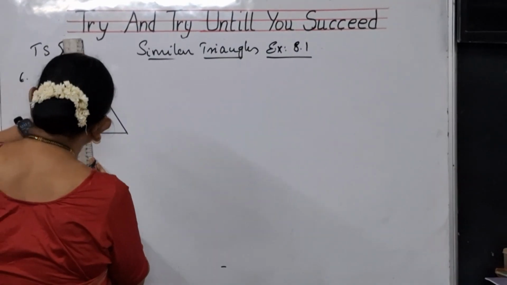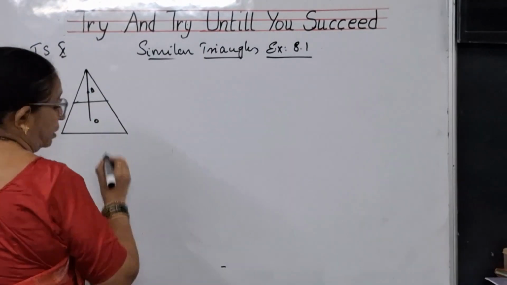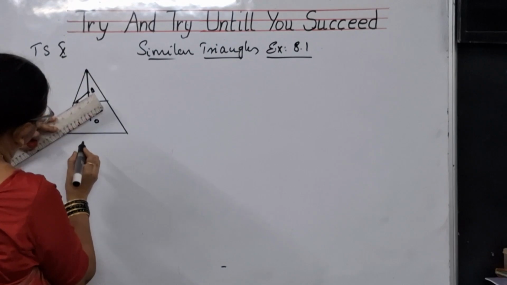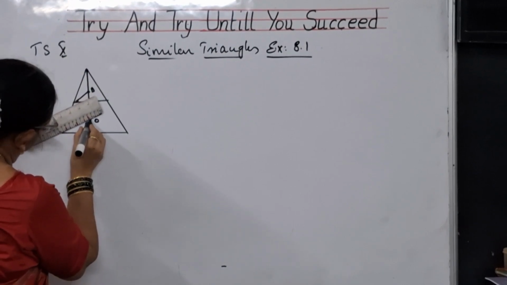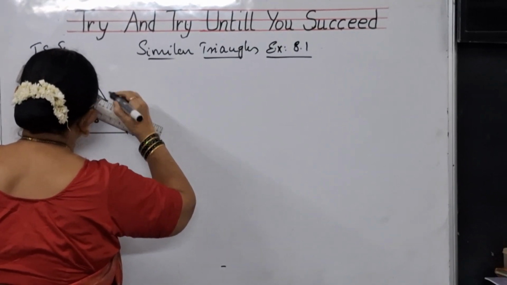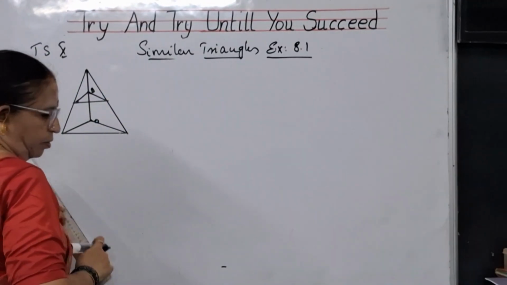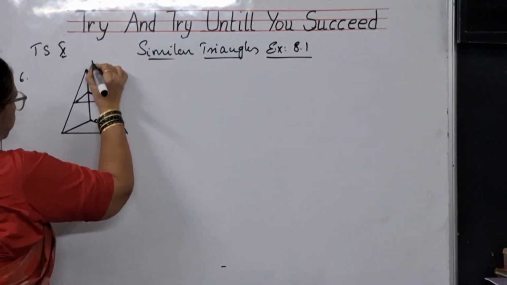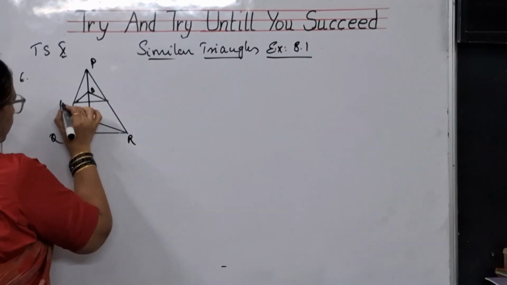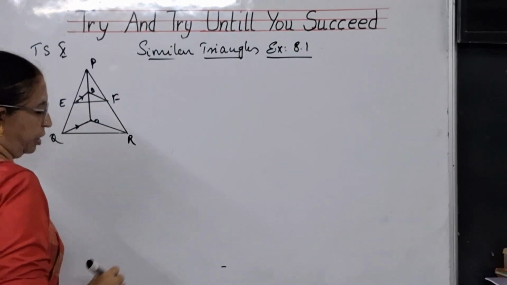The line is up to this point. This is O. Here you have got a D. So the names given here are P, Q, R, and this is D, O, E, and F. An arrow mark is given like this, that means these two are parallel.